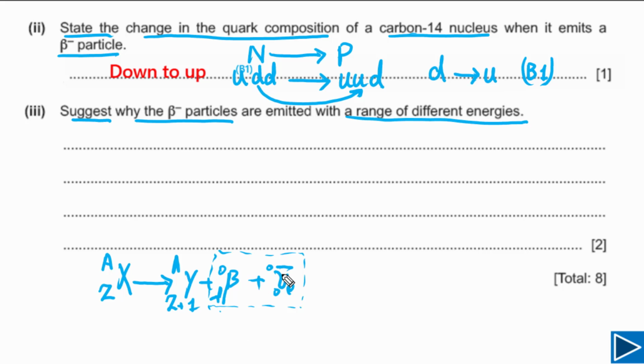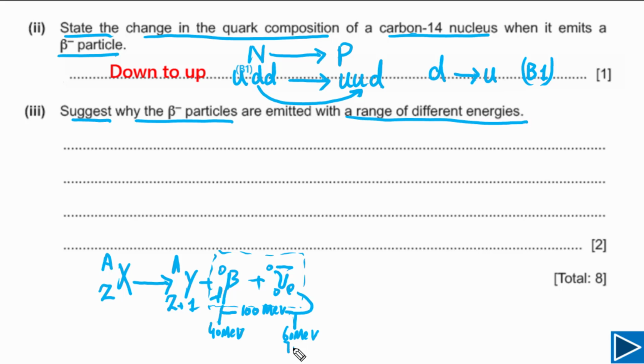Let's say the total energy of these 2 particles is 100 mega electron volt in one nuclear decay. So the energy of this beta minus particle can be 40 mega electron volt. If the energy of this one is 40 mega electron volt, the energy of the electron antineutrino will be 60 mega electron volt.